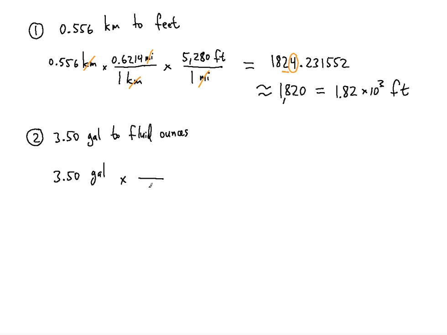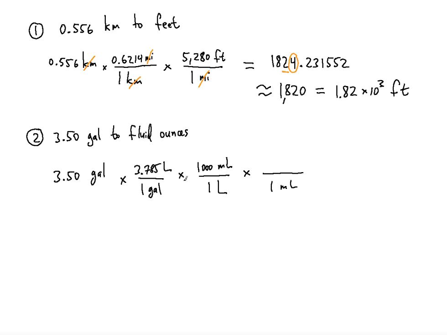We know that 1 gallon is equal to 3.785 liters. Then we will convert liters to milliliters. So 1 liter is equal to 1000 milliliters. Then finally, 1 milliliter is going to equal a certain number of fluid ounces.